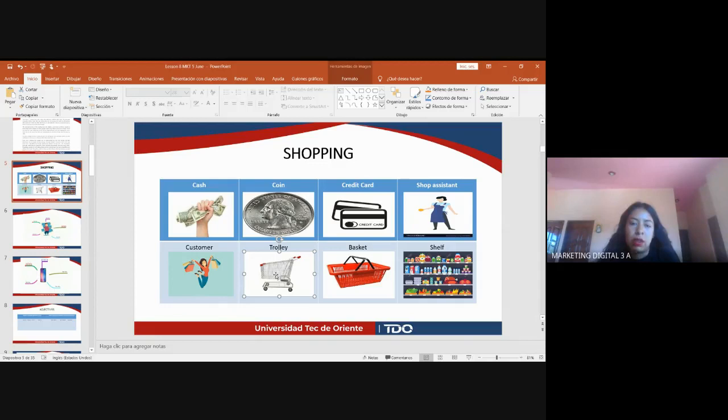These small cars that you can find in the supermarket where you carry your things, your products, are trolleys. Okay? Any more questions, guys, about this?